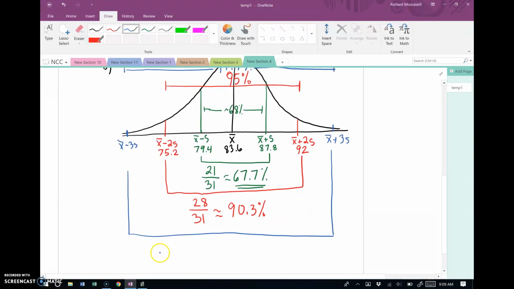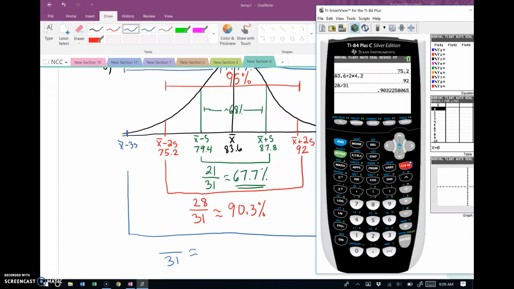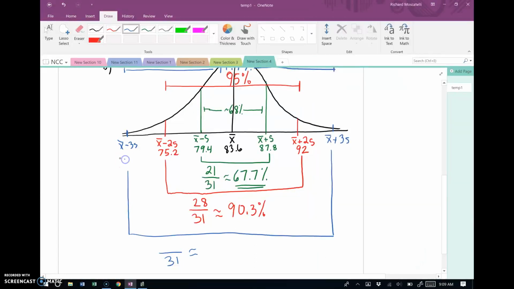All right, so again, how many of the 31 values are going to land in there? Well, in order to answer that question, we first have to calculate what the values are. All right, so 83.6 subtract 3 times the standard deviation. That value is 71.